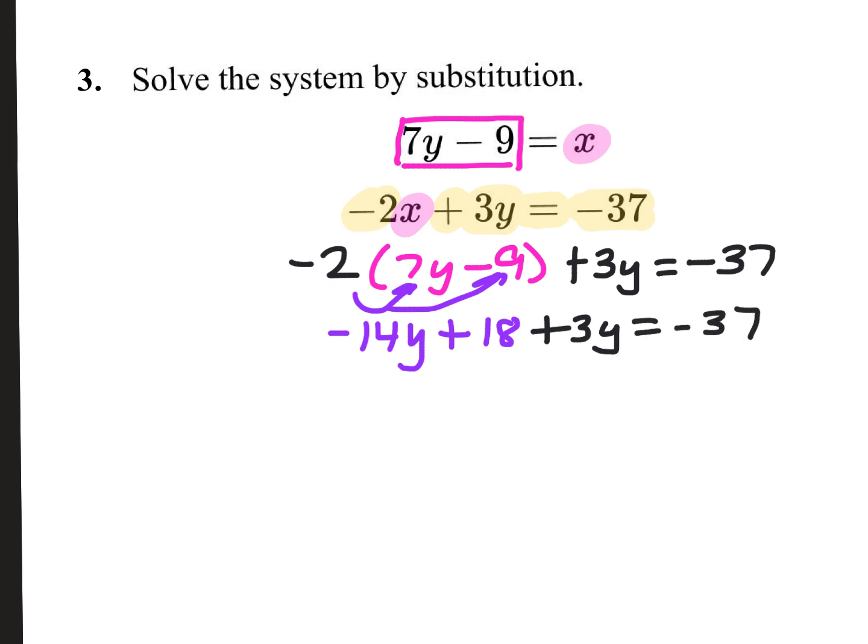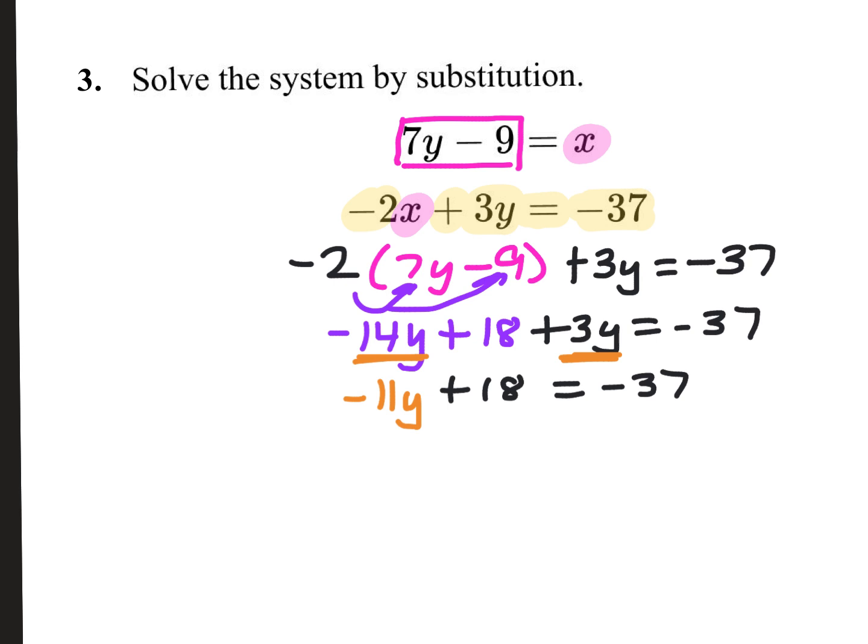Next, to make this a little easier to work with, I'm going to combine my like terms. Negative 14 plus 3 is negative 11. And because those both have a y, it's negative 11y. Then I bring down my plus 18. And my equals negative 37. Then I need to isolate the y in order to solve.